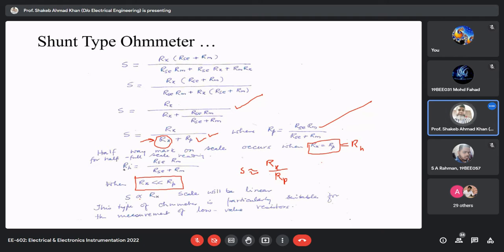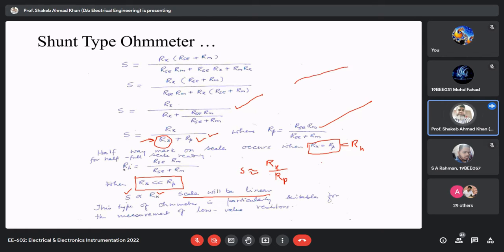So whenever you have this kind of relation between the operating current and the parameter you are measuring with the meter, the scale will be linear or uniform. Linear means uniform.